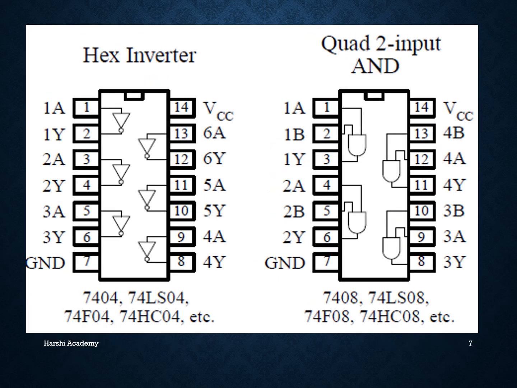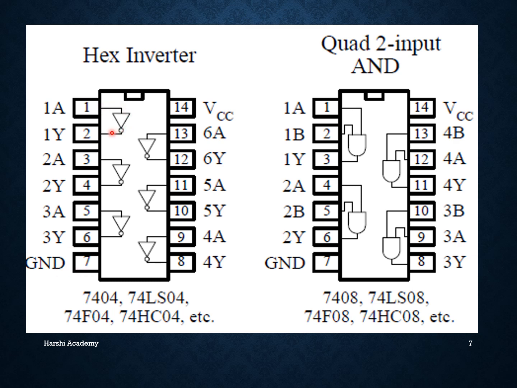Let's see the hex inverter and the quad 2 input AND gate. In the hex inverter, there are 6 gates inside the IC. For this hex inverter to work, you should supply power to pin number 7 and 14, 14 VCC and 7 ground.